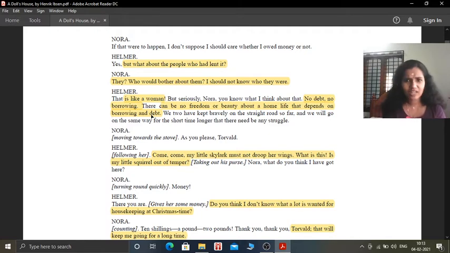So don't you know that I know all these things? So here it is. And Nora counted them. It's ten shillings, a pound, two pounds. Thank you, Torvald. That will keep me going for a long time. Oh, it is two pounds. Okay, it's more than enough, and I can use this money for a long time. Thank you so much, Torvald, my dear husband. She became very happy.